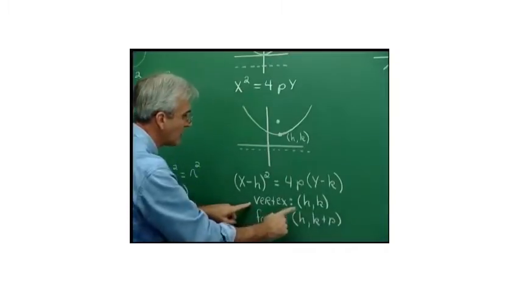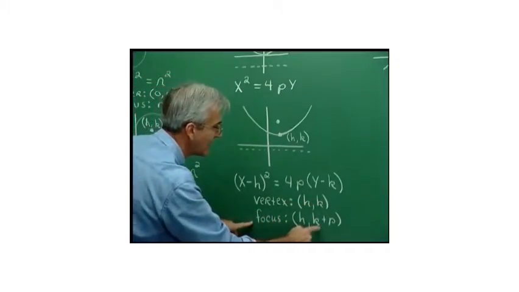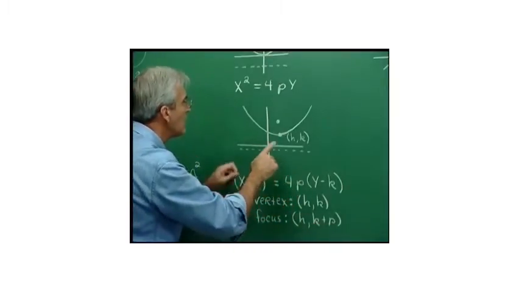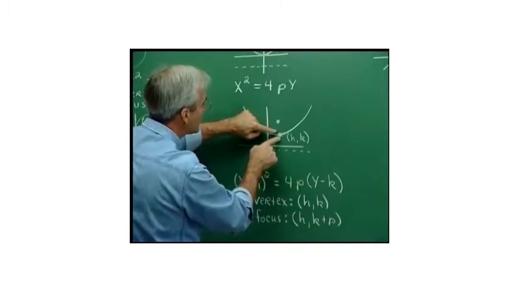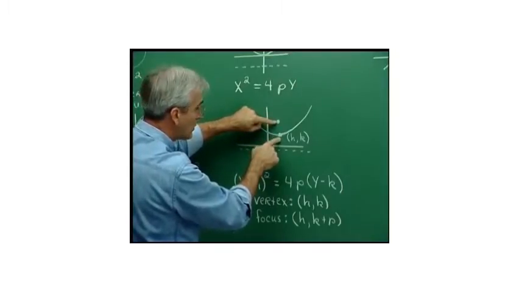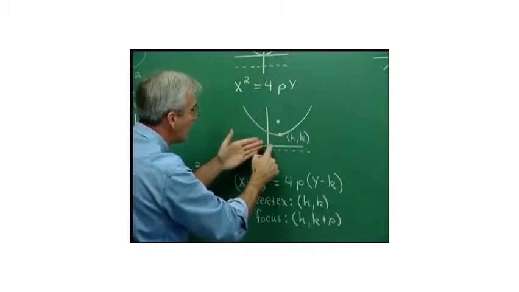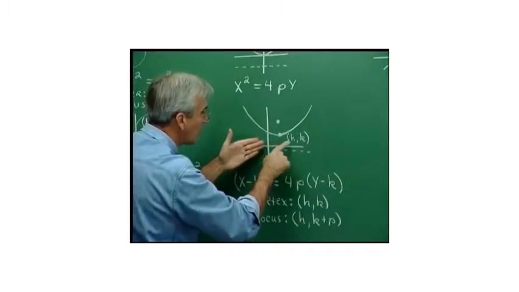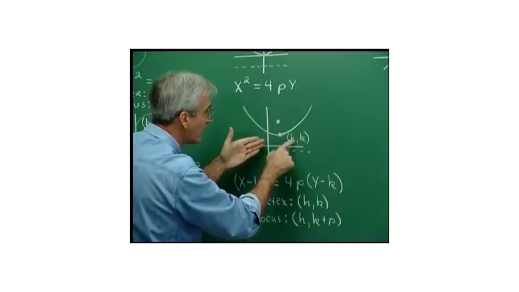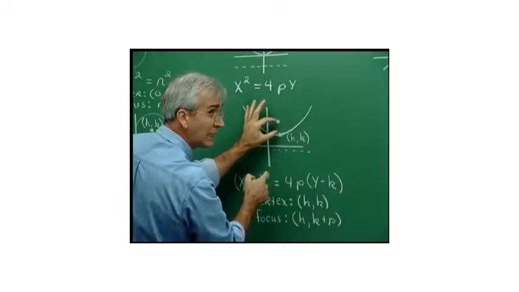The vertex is at h and k, and the focus is at h and then k plus p. And let's see why. You recall now that p is the distance from the vertex to the focus. So the coordinates for that focus point would have the same horizontal component as the vertex, the h, and then the vertical distance plus p. So it would be k plus p, you see.